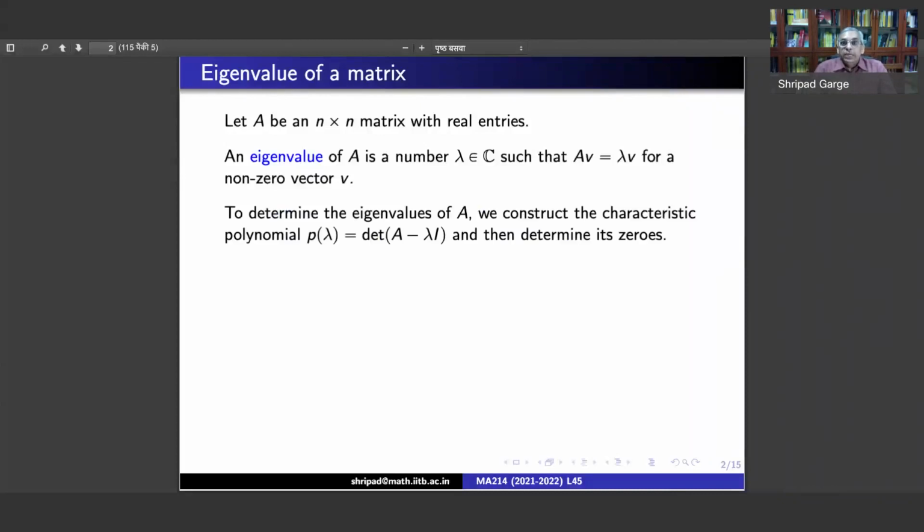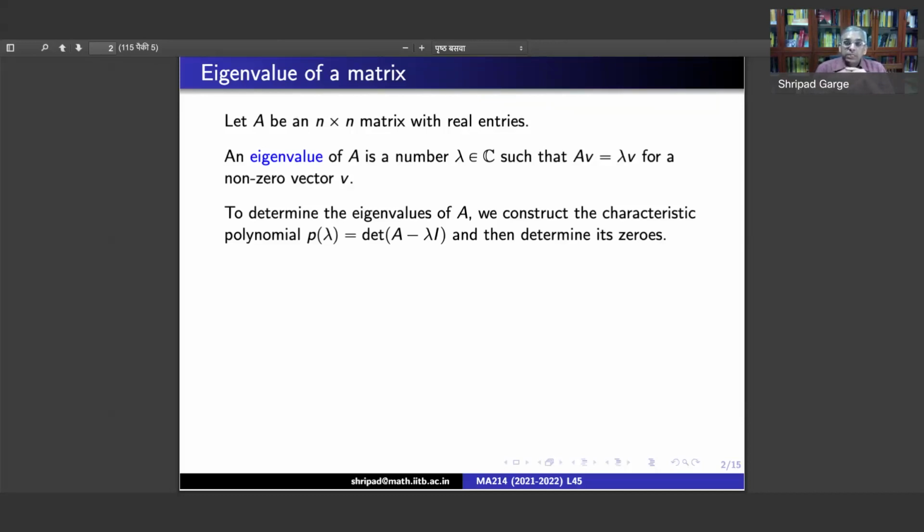We know how to determine eigenvalues. The eigenvalues can be determined by solving the characteristic polynomial, P of lambda, which is the determinant of A minus lambda times I. Once you solve this, you get its roots or zeros, and those are possible eigenvalues. Then you have to look for the vectors for them, and once you have the vector, the zero will be called the eigenvalue.